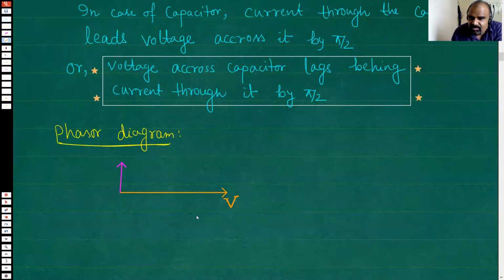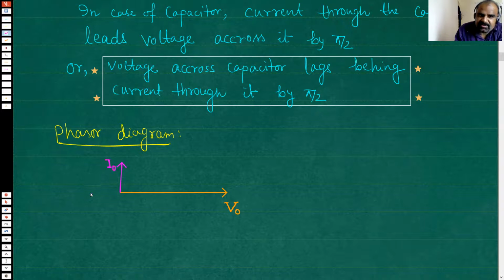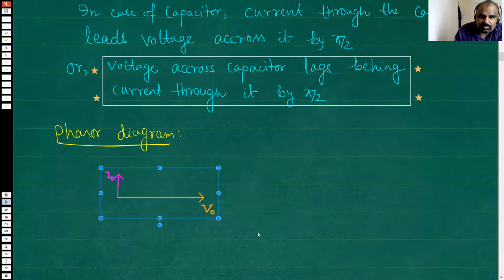Okay, so this is the voltage phasor. What should its length be equal to? Peak value. So let me say this is the voltage peak value. Fine. Now what we do is, if we squeeze this by a factor of √2, then this becomes V0 by √2, which is the RMS value, and this also becomes I0 by √2, RMS.